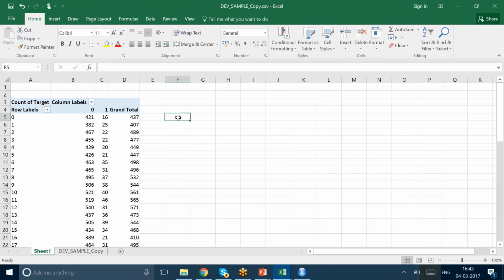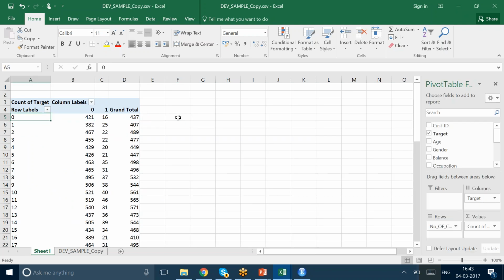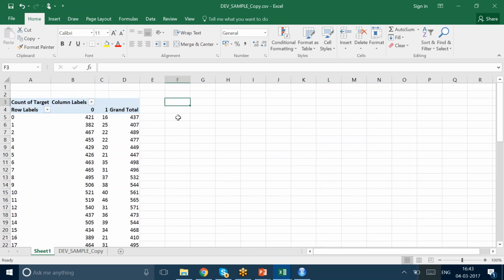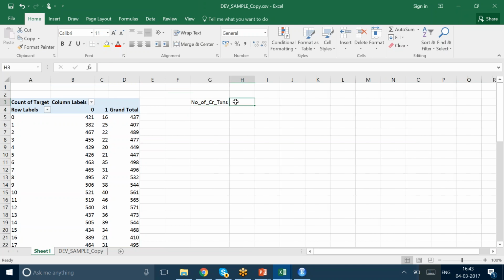From the given data, what I have done is I've created a summarized data. So this is number of credit transactions, count of 0, how many zeros are there, count of 1, count total.